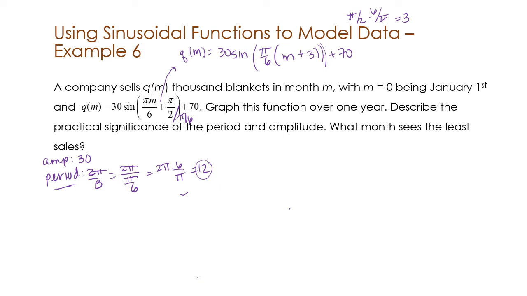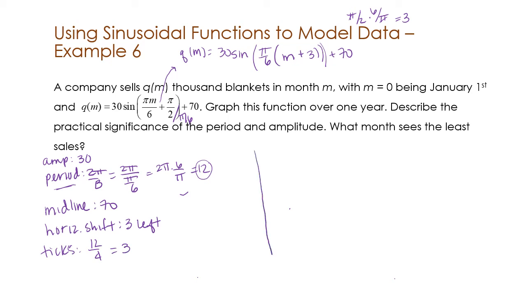So the midline is 70. And then we need to know a horizontal shift. So that's going to be 3 units to the left. And then for our tick marks, that's going to be the period divided by 4, so that's going to be 3.